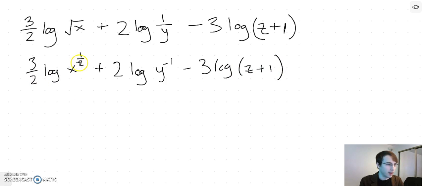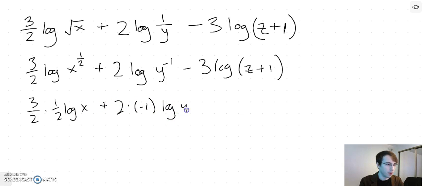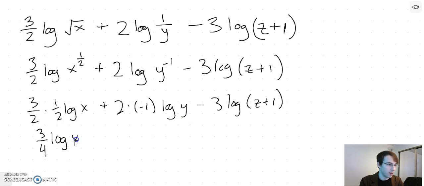And then we can take the exponents and put them outside. So this becomes 3/2 times 1/2 log x plus 2 times negative 1 log y minus 3 log of z plus 1. So that's 3/4 log x minus 2 log y minus 3 log of z plus 1.